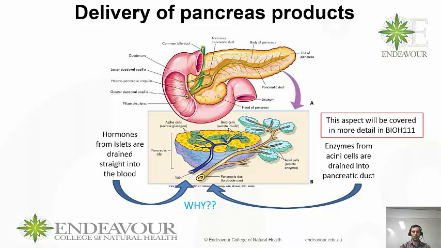So this is how we're going to have the release of the hormones into the blood system, and from there they can have the effect of increasing or decreasing the blood glucose level.